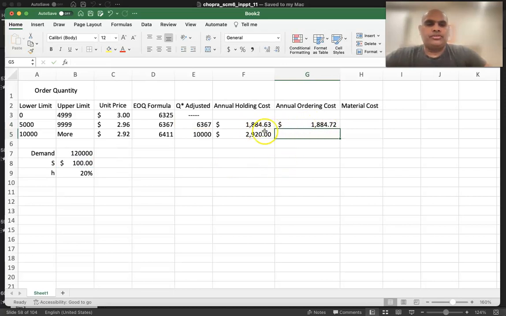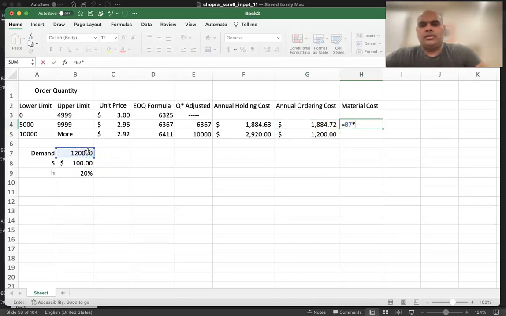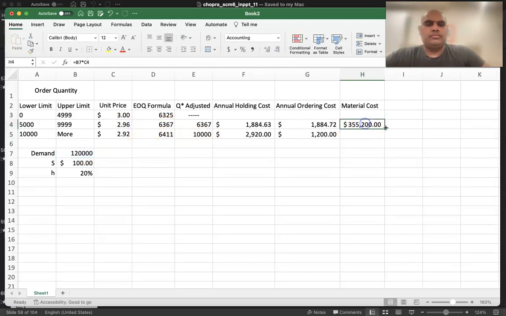So these numbers, you'll notice, are very close to each other, and they are not exactly the same because we rounded this number. And there you go. Finally, the material cost. So material cost is annual demand times the unit price. And we calculate total cost.